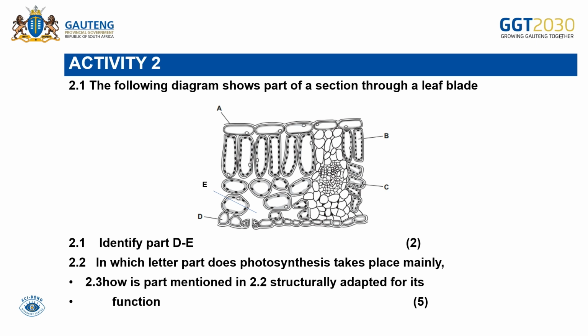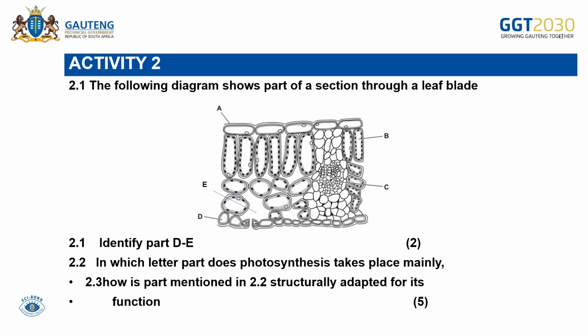Activity 2, 2.1. The following diagram shows part of a section through a leaf blade. The diagram has 5 letters: letter A, letter B, letter C, letter D, and letter E. Question 2.1 says, identify part D to E. You must be careful about this question.